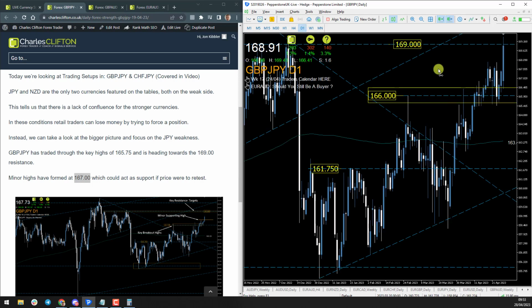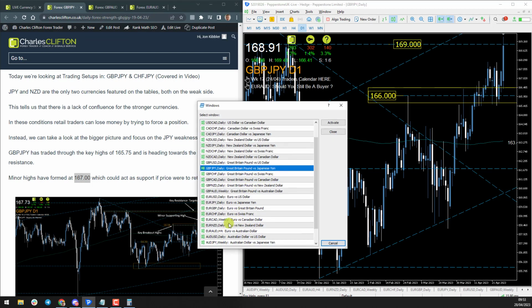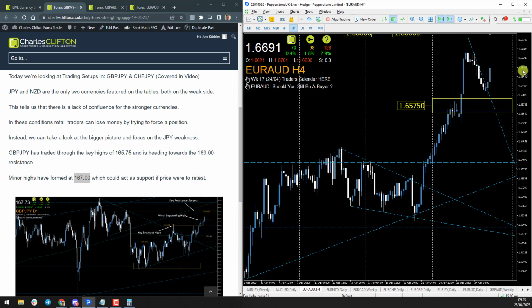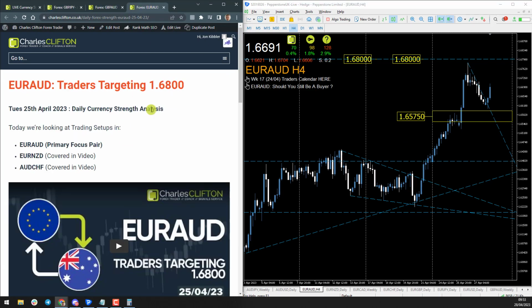Now, another market that we were really heavily focused on going into this week, and a little bit of last week as well, was Euro Aussie, and we're looking to target this 1.68 level. When we did talk about this, it was around the 21st of April. I've got this week's blog post here where we talked about Euro Aus traders targeting the 1.68.